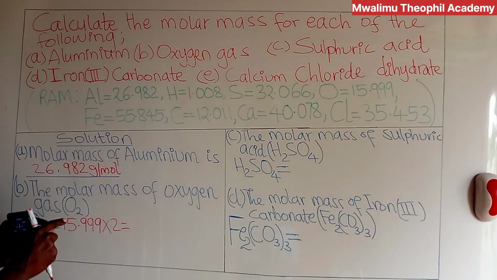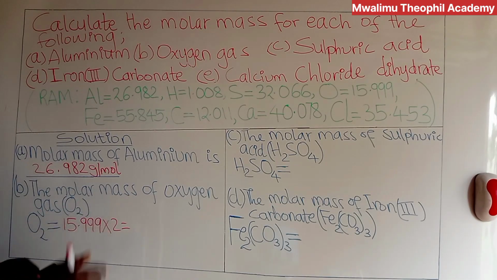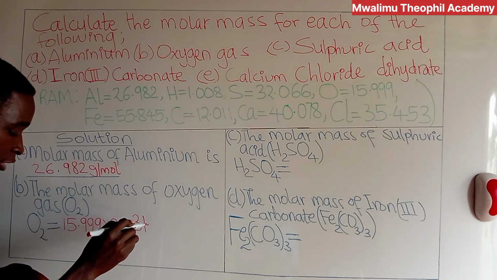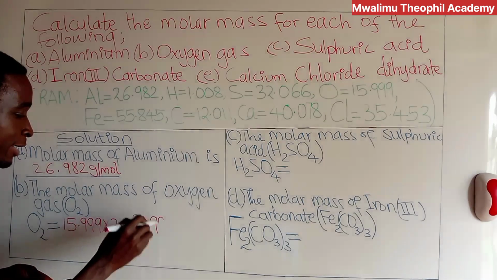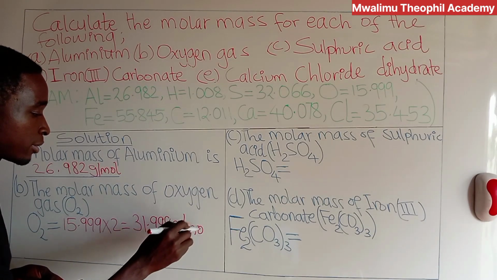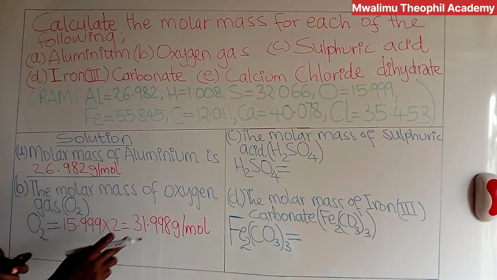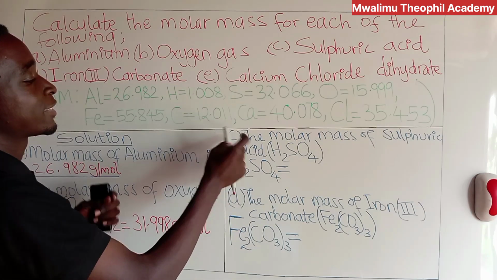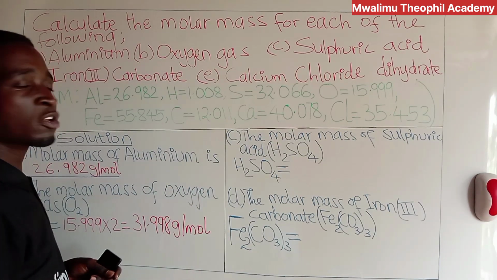When we take 15.999 times 2, we get 31.998 gram per mole. So the molar mass of oxygen gas is 31.998 gram per mole.